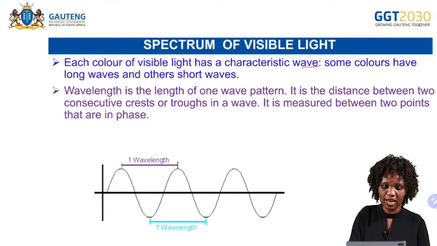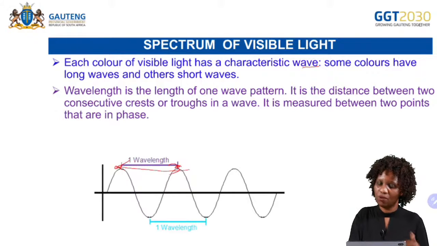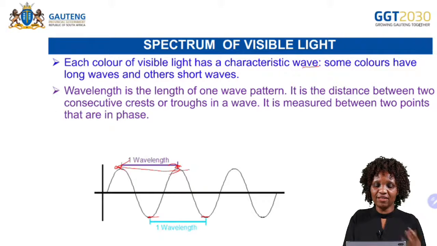For example here, this is a crest, this is a crest, and the distance in between these is called a what? A wavelength. Even with a trough, this is a trough, the distance from here to here, we call it a wavelength. Wavelength is the length of one wave pattern.